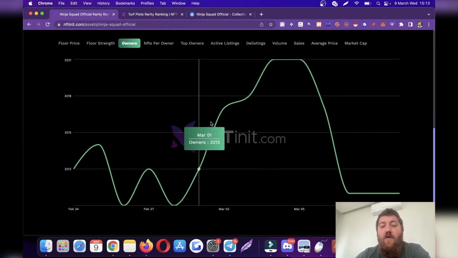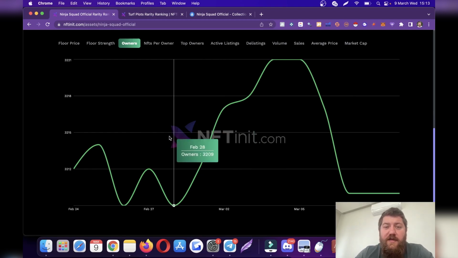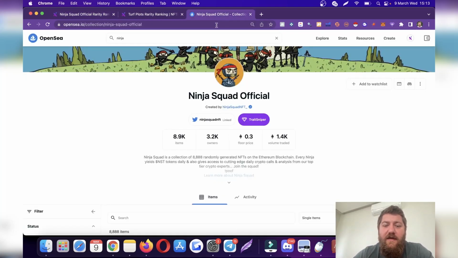Here you see how the owner count is doing. According to me, in a healthy NFT project, the owner count should be at least 35% of the total supply. What I mean by that is, let's assume there was a 10,000 supply here to make the mathematical calculation a little bit easier.